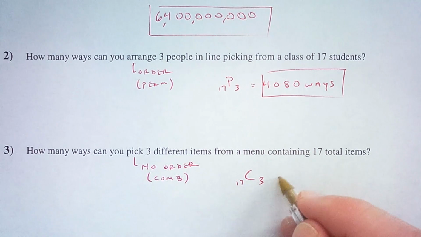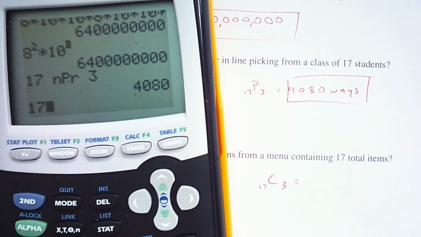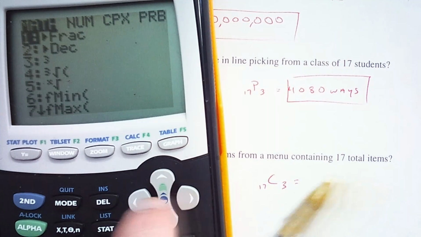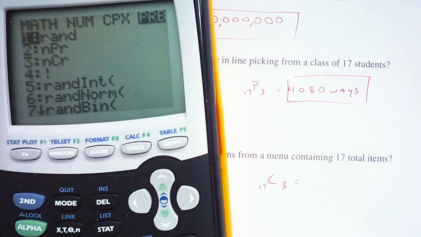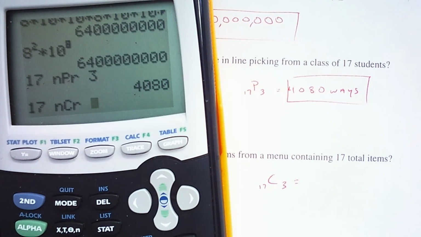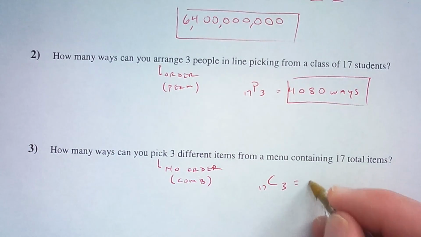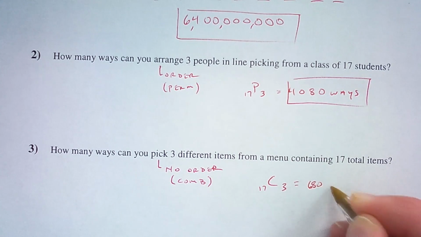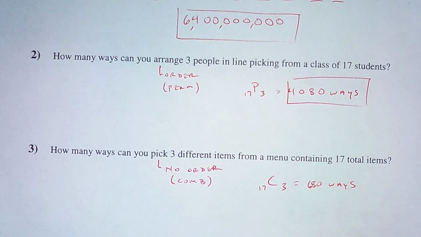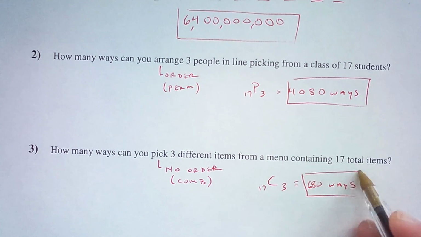That's N is 17, R is 3. Okay, so 17, and then math and probability, option 3, NCR, and we are choosing 3 of the 17. There are 680 ways to choose 3 out of 17.